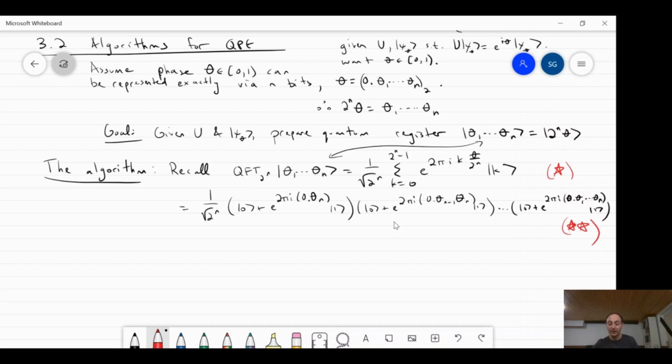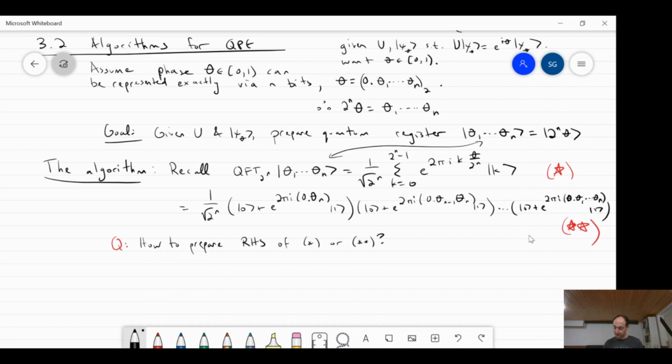So the question is how to prepare the right-hand side of this equation, or alternatively this equation too. They're both equivalent, of course. So the main question is how to prepare the right-hand side, RHS, of star or star star.